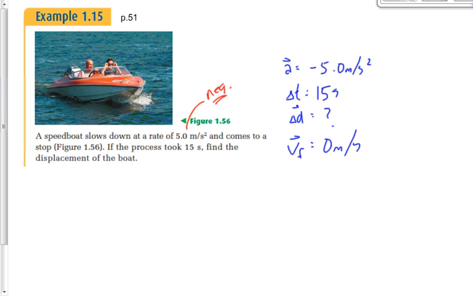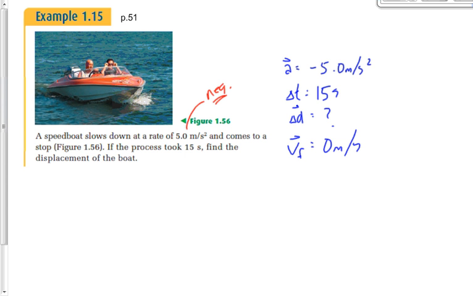Okay, group A or group B? No, group B involves acceleration, deceleration, but that's a form of acceleration. Which equation out of group B, all those ones you've got circled on your data sheet with the B beside it, which equation do you want to try here? Don't be afraid to volunteer here, because if you guess wrong, I'm okay with that, as long as you don't tell me V equals D over T. Why can I not, by the way, use V equals delta D over delta T?